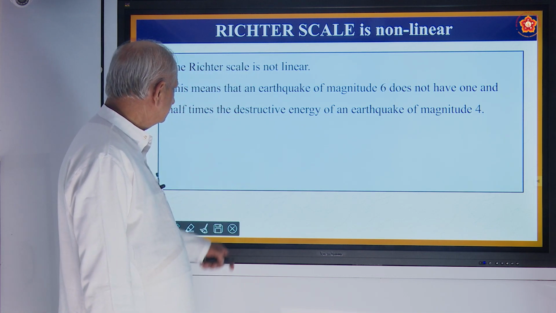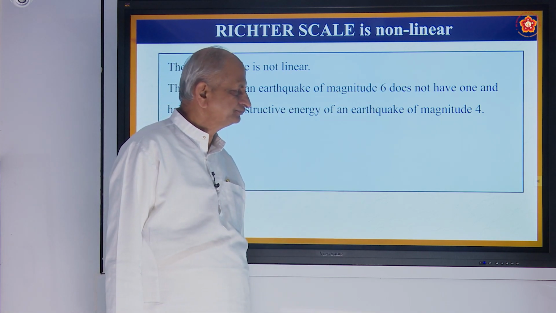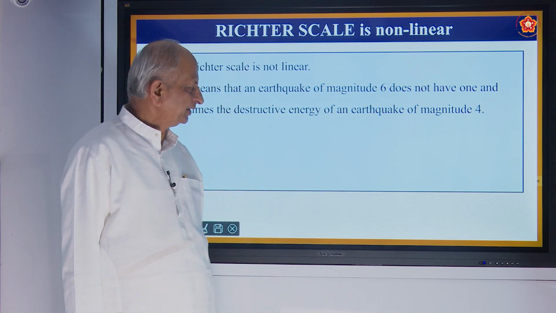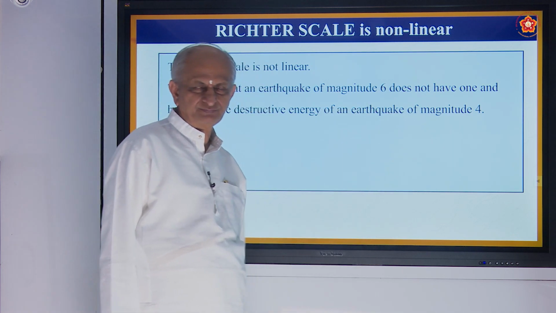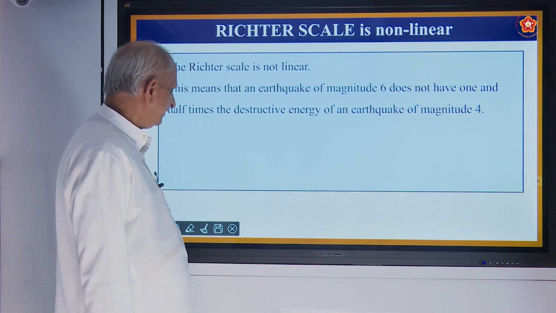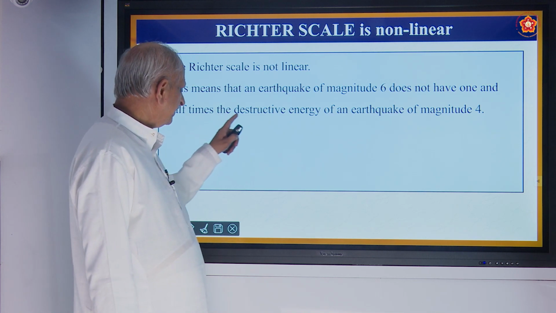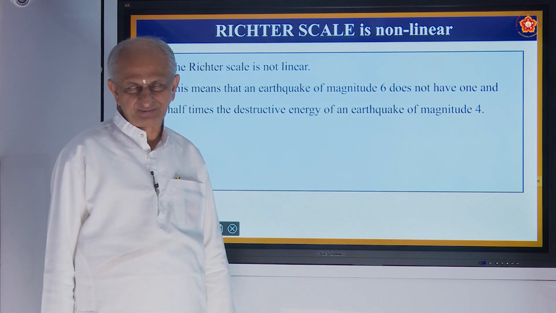For example, an earthquake of magnitude 6 is about 1000 times more than that of magnitude 4. Actually, in linear mathematics, we say it is 1.5 times. 6 is 1.5 times that of magnitude 4, we call it.